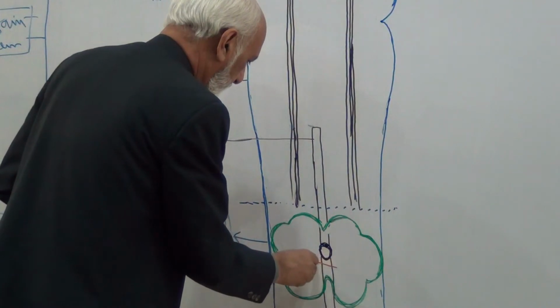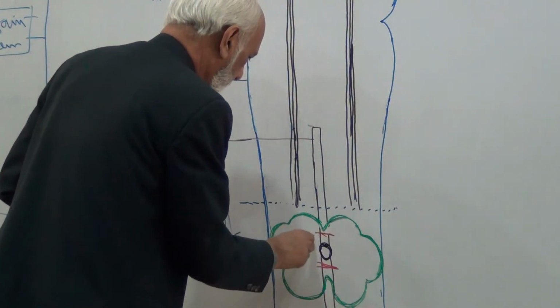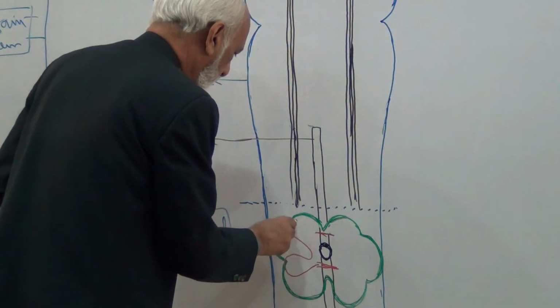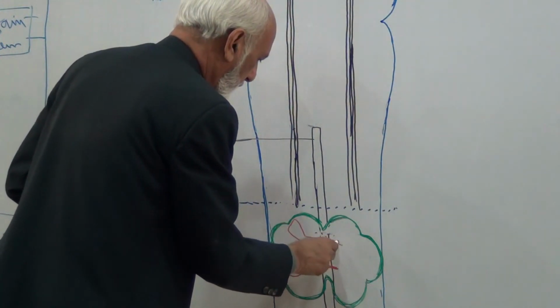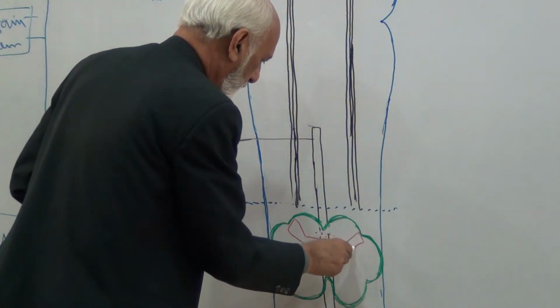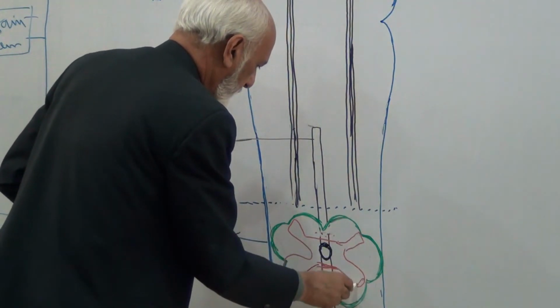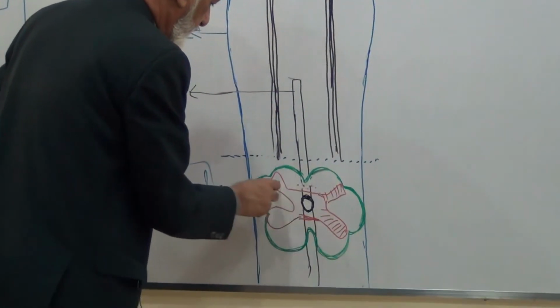So this is the gray matter of spinal cord, divided into anterior horn and posterior horn. This is the anterior horn of the spinal cord. This is posterior horn on each side.